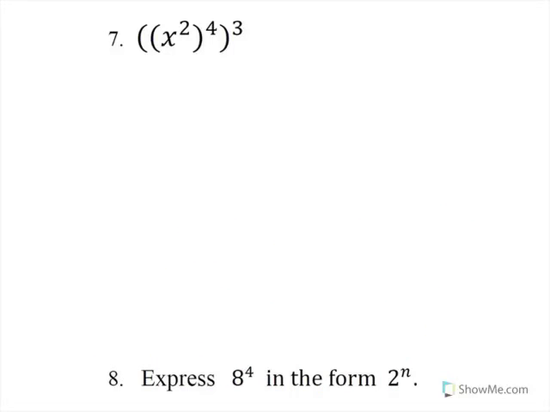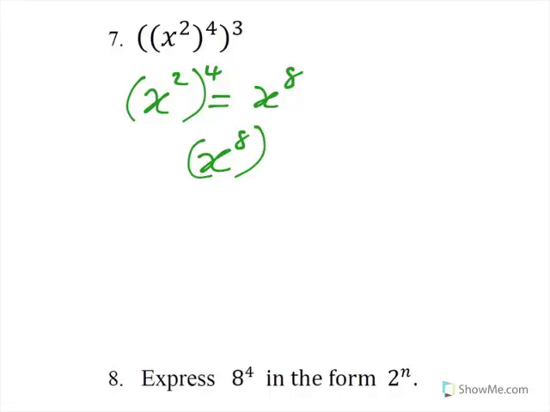And this one here is x squared to the power of 4, which is x to the power of 8. And then we raise x to the power of 8 to the power of 3, which will give us x to the power of 24. Or simply multiply 2 by 4 and then by 3.